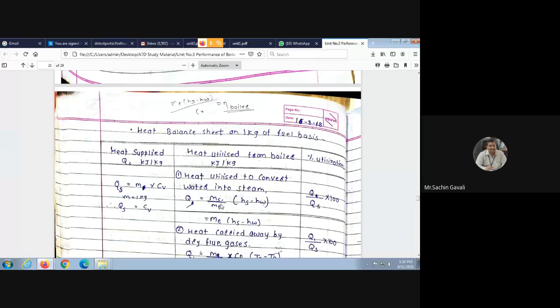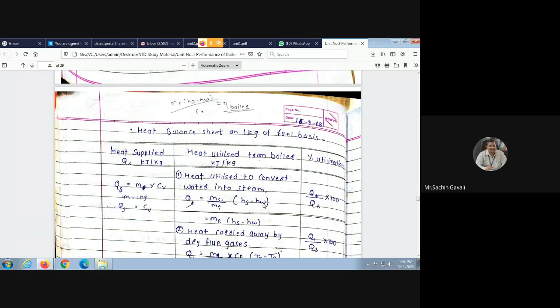So all the masses in the utilized column should be divided by mf, the mass of fuel. Then the first utilization is the heat utilized to convert water into steam, noted by q. q is equal to ms into bracket hs minus hw divided by mf, where hs is the enthalpy of steam and hw is the enthalpy of feed water.